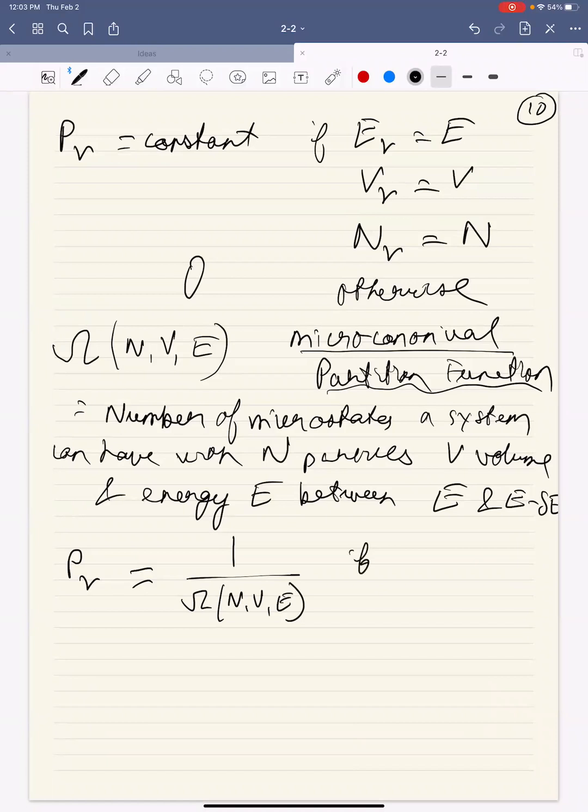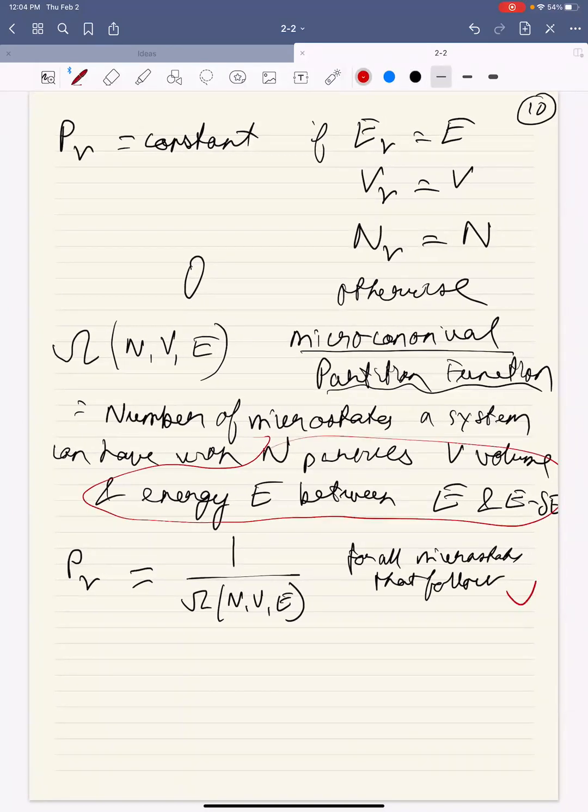for all microstates that follow what we wrote down over here, right?